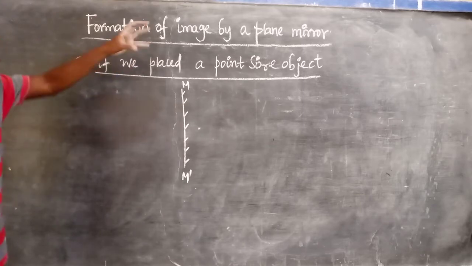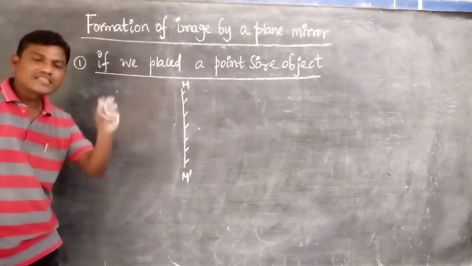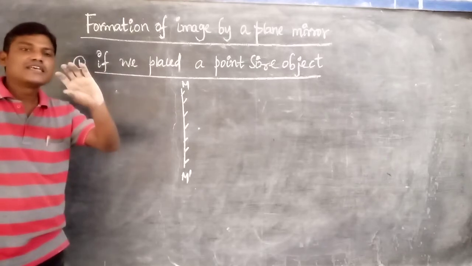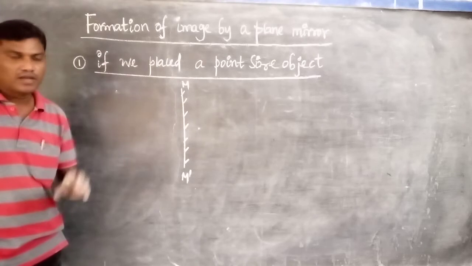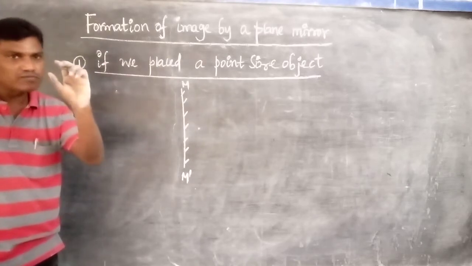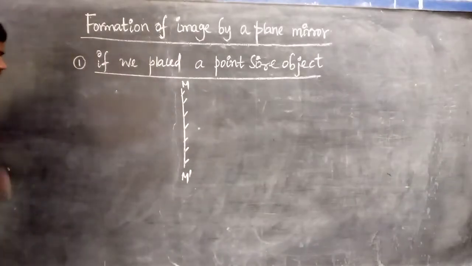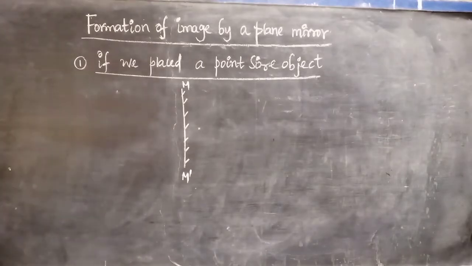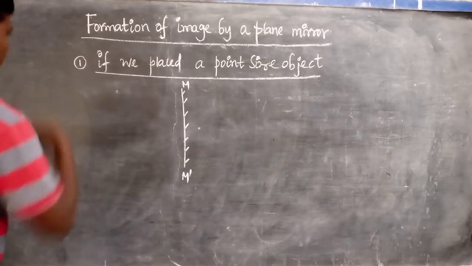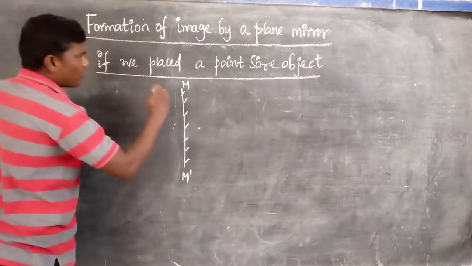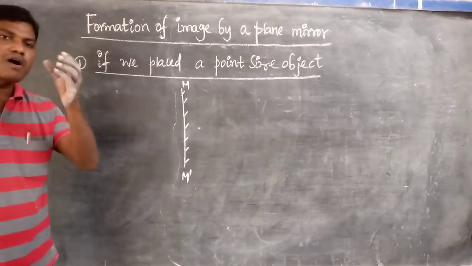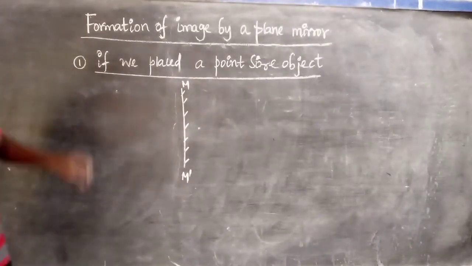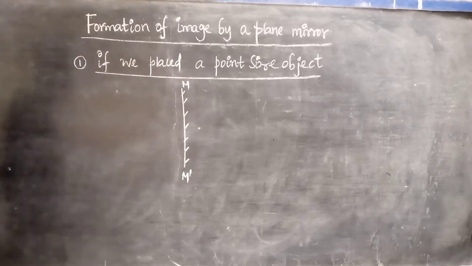A point size object is just like a spherical shape, such as a rubber or metallic ball. We take a spherical metallic or rubber ball and place it in front of a plane mirror.